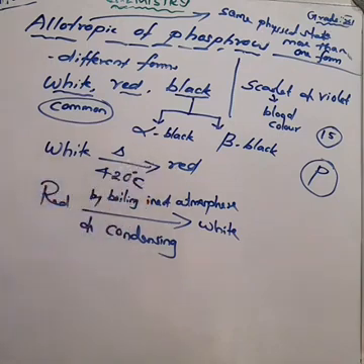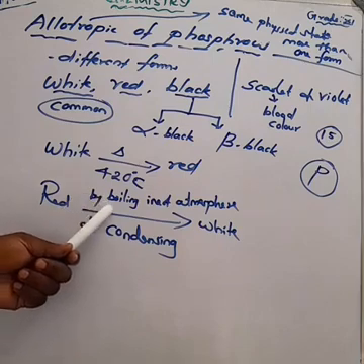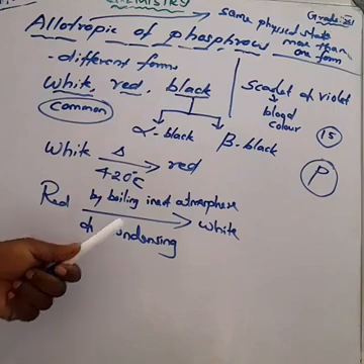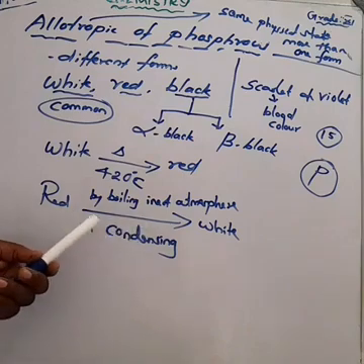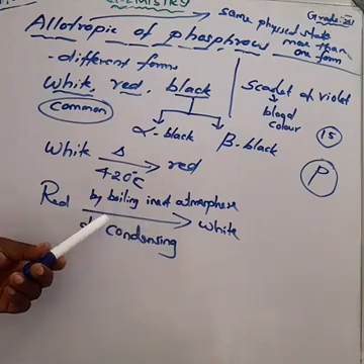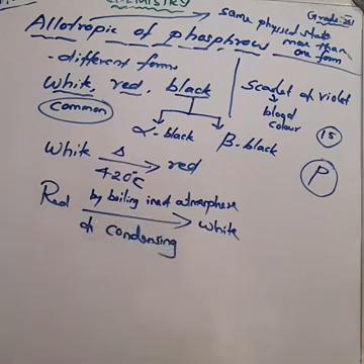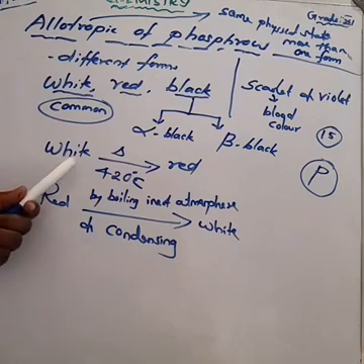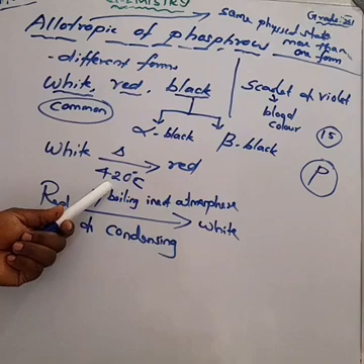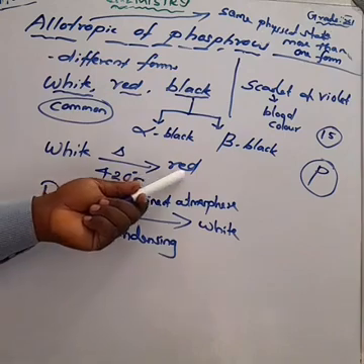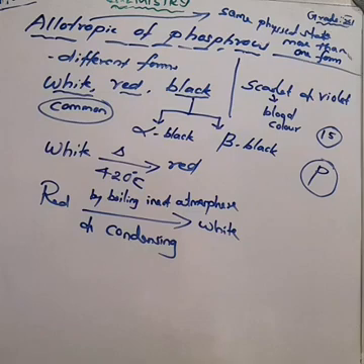And red phosphorus on boiling, that means in an inert atmosphere and then condensed, is converted into white phosphorus. Don't forget that white phosphorus on heating at 420 degrees Celsius gives red phosphorus, and red phosphorus on boiling gives white phosphorus.